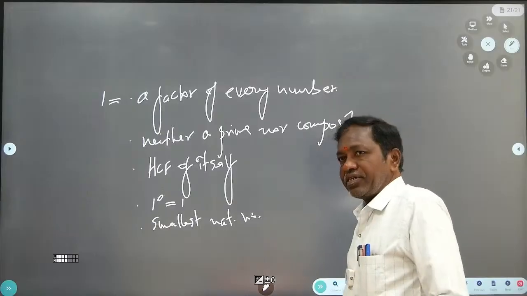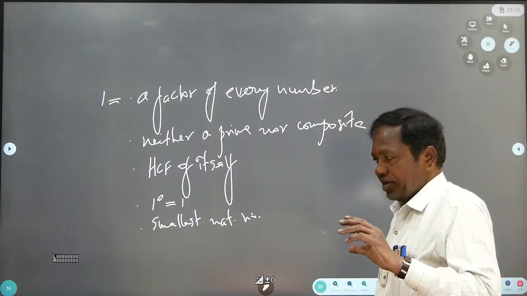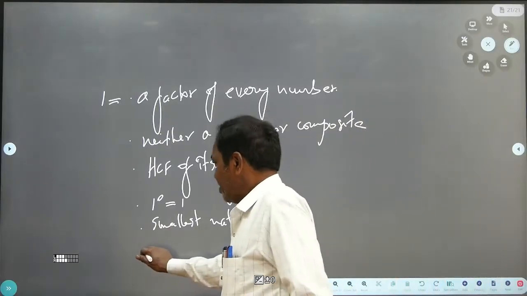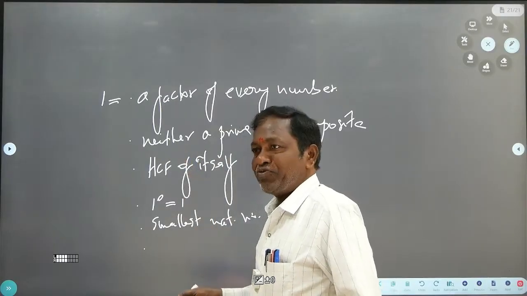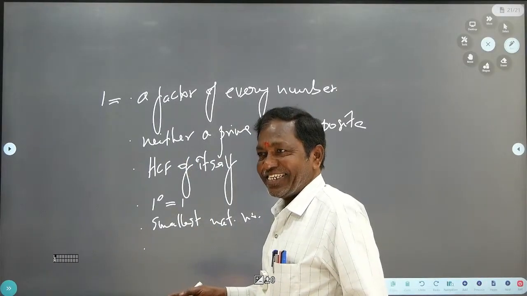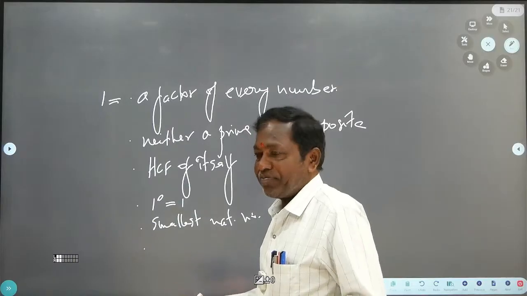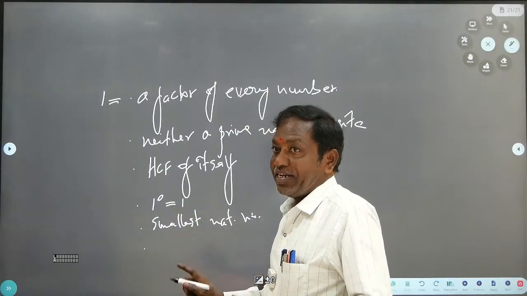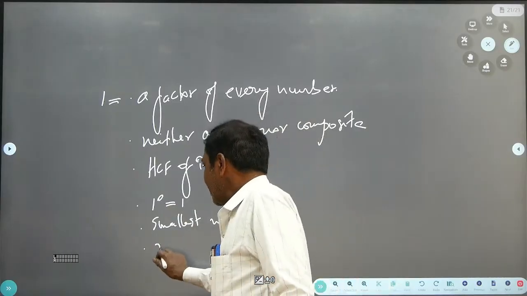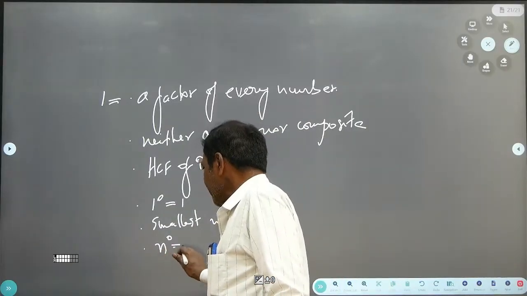For example, n is a natural number, raised to the power of 0 is always 1. We mentioned 1 to the power of 0, but for any natural number n, n to the power of 0 is 1.